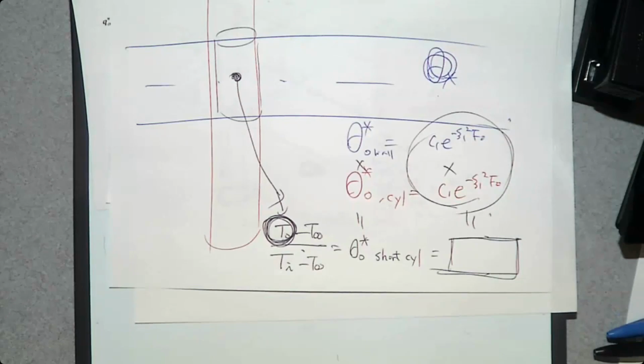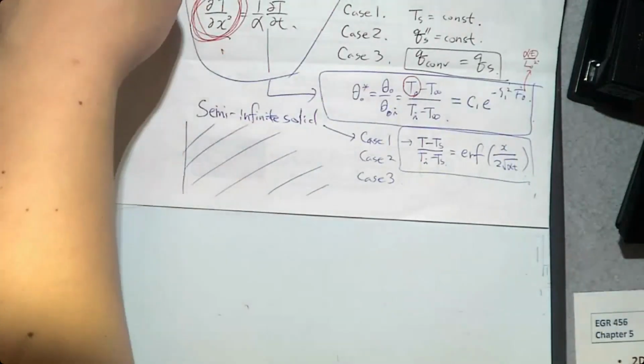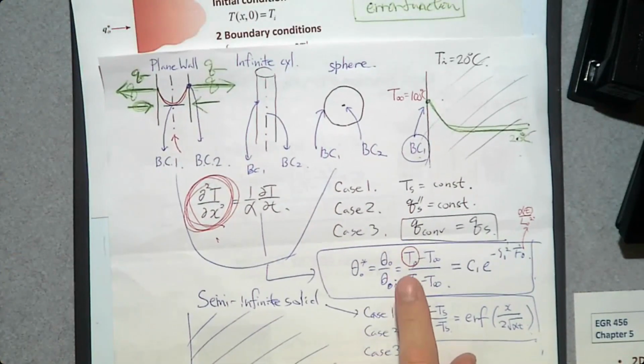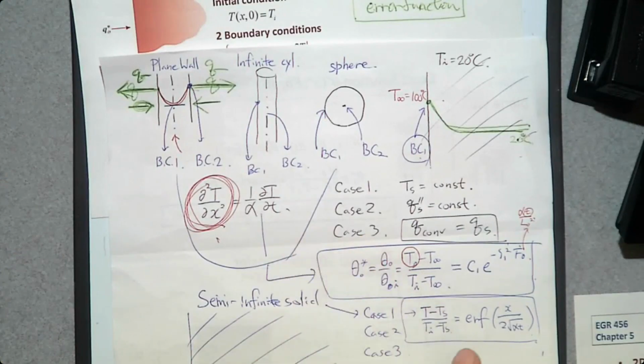Yes. Equation like this, but for spheres. What? For a sphere. We didn't use the equation. Your equation looks the same. Yeah. We just use a different coefficient. Where is the coefficient?